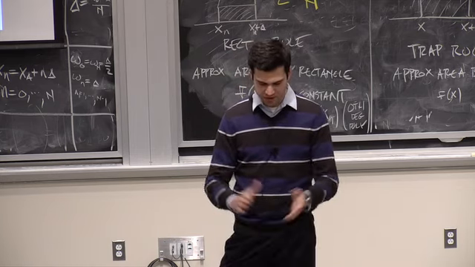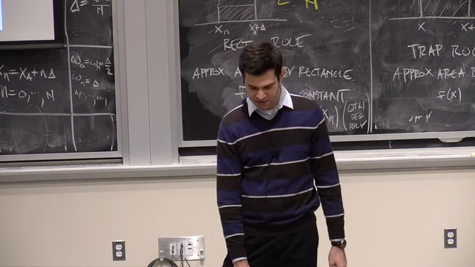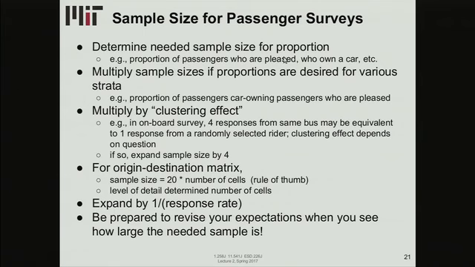So the process is you determine the needed sample size with the equations that we discussed. Then you multiply the sample sizes. If you're using stratified sampling, or if you have questions that involve multiple variables, you need to make sure that you achieve that sample size for each combination of things that you're measuring.